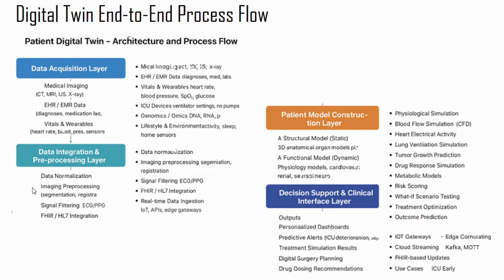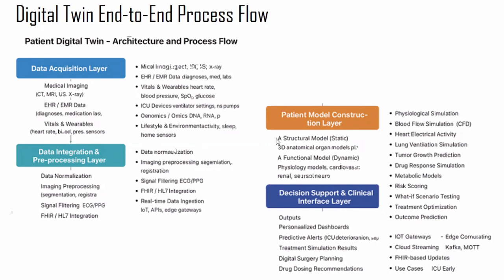What is this layer? We have to normalize the data and do imaging pre-processing, like segmentation or signal filtration. Everything we have to do in this layer, which is called the data integration and pre-processing layer. Real-time data ingestion happens here as well.